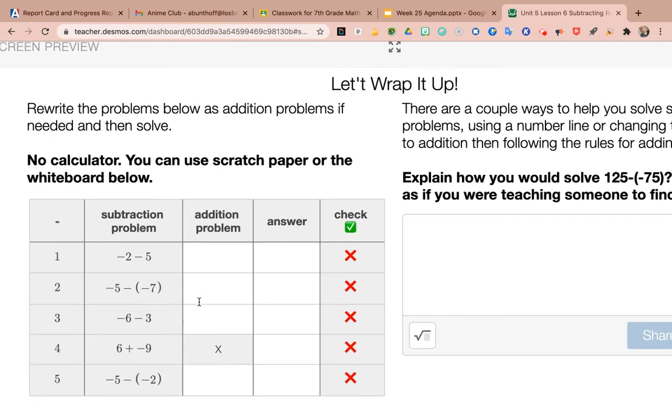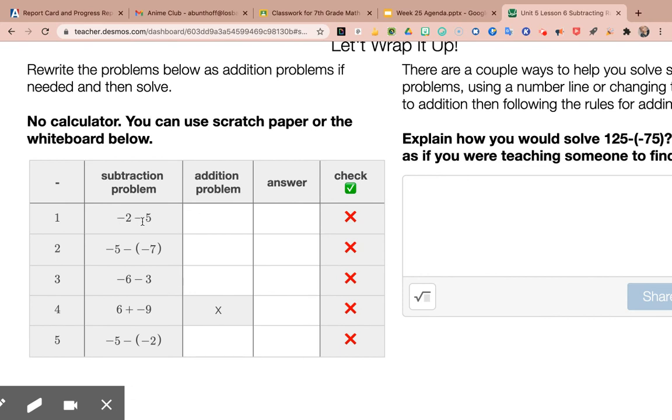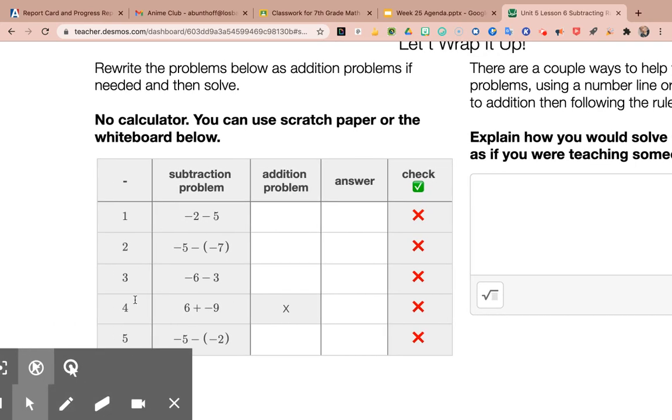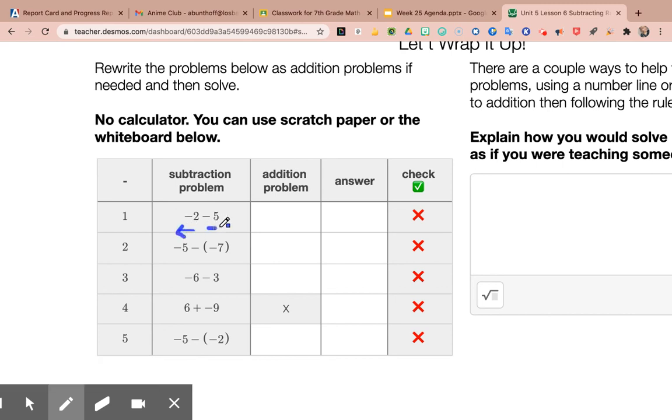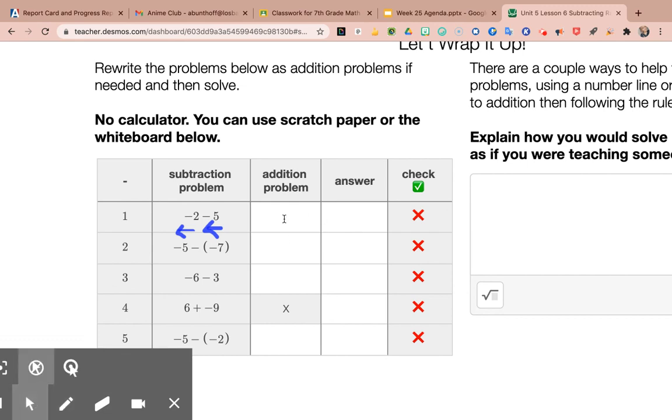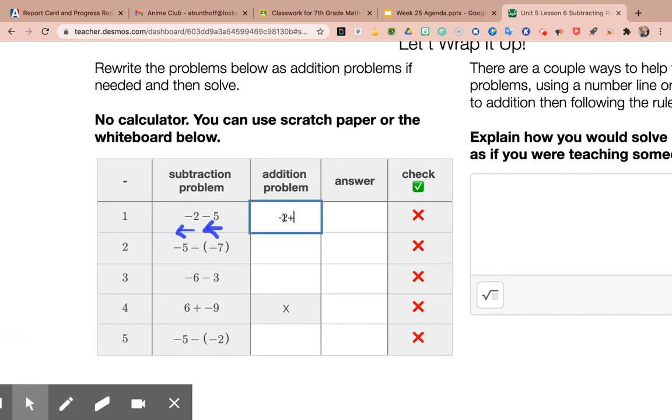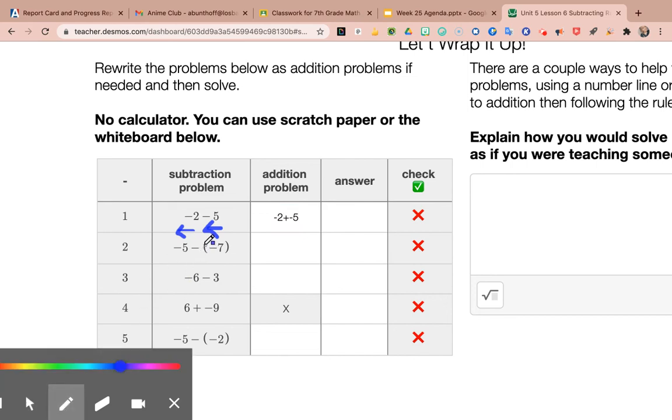So let's go ahead and do this side first. So -2 minus 5. So that's the same as going left -2 and then left 5. So that's the same as -2 plus -5. No parentheses, no subtraction sign, just put it regular. Remember these two, subtracting a negative turns into a plus.